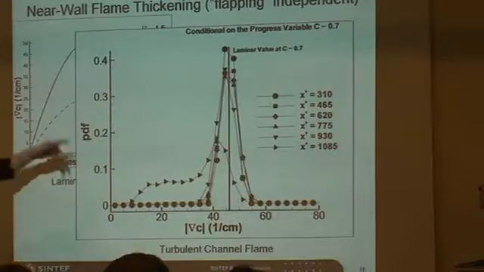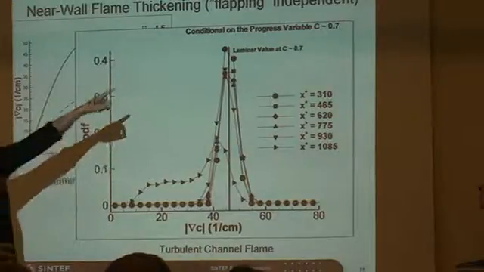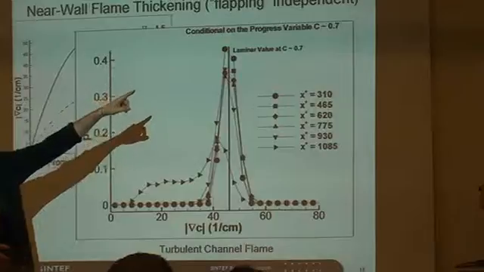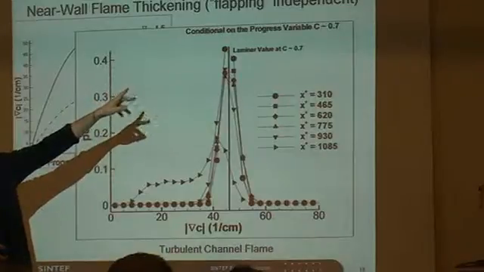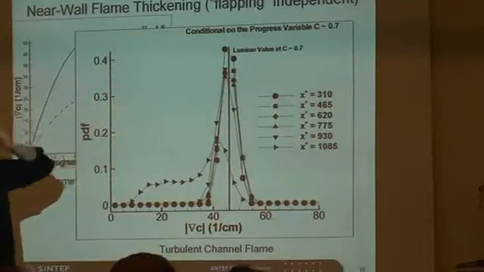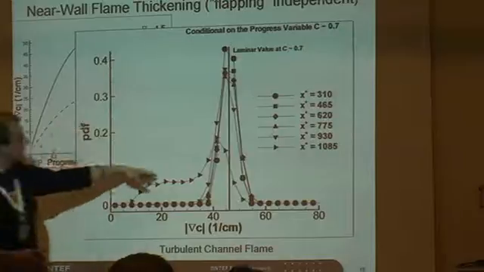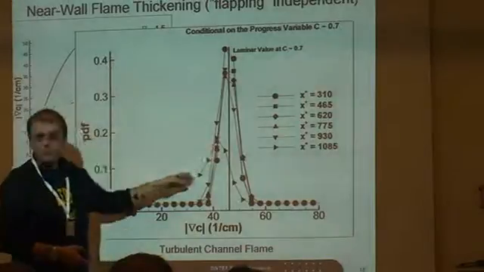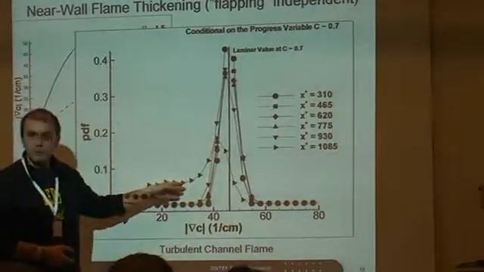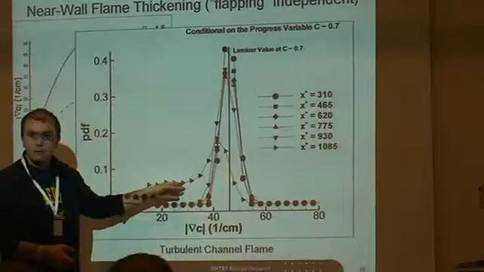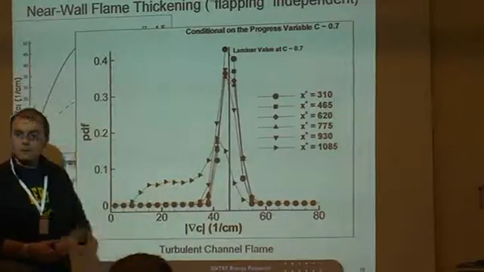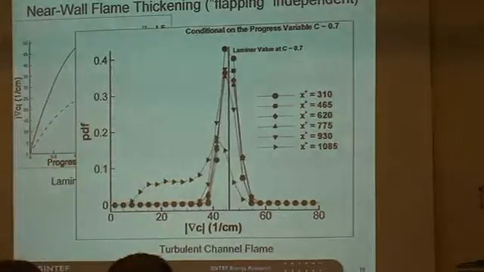I mean, this is the PDF taken conditional on the progress variable 0.7, and it seems that when the flame gets closer to the wall, it gets thicker. And the PDF is more spread out. Because just one thickness.